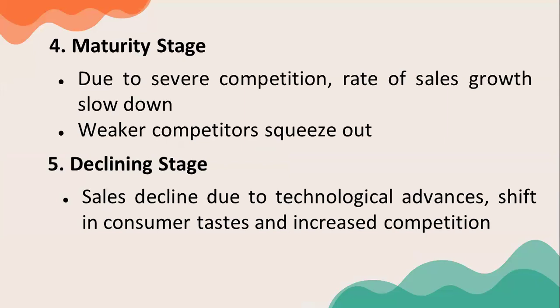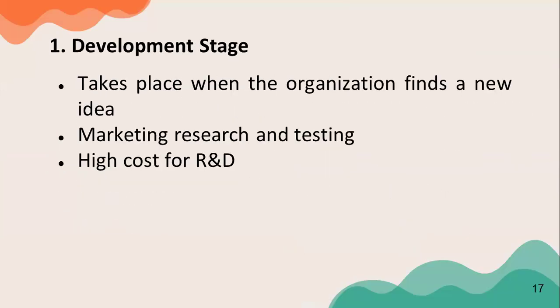So at this stage, if you are weak, the weaker competitors get squeezed out. Squeezed out means that if the weaker competitors cannot deal with this competition, the weak producers drop out of the market in the maturity stage, right? So then it becomes the declining stage.